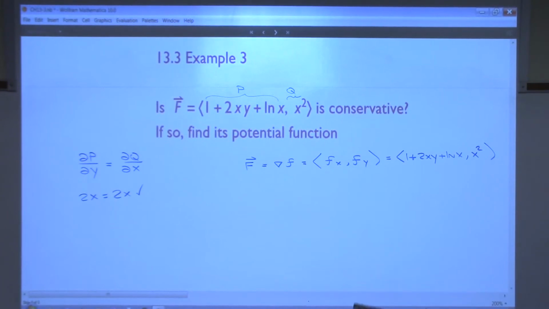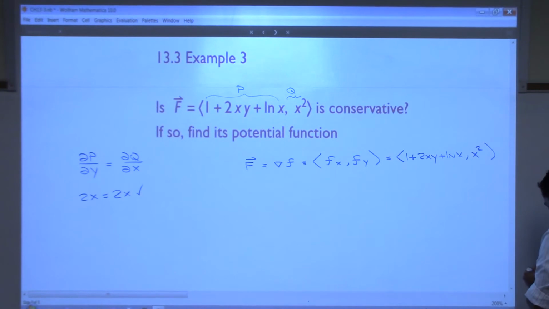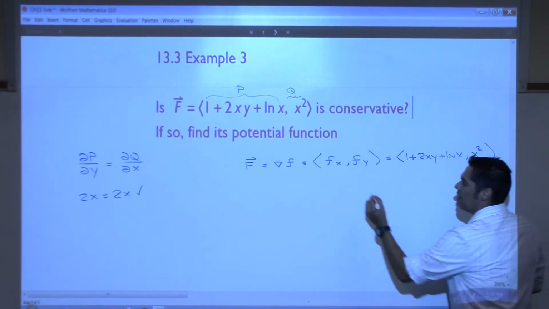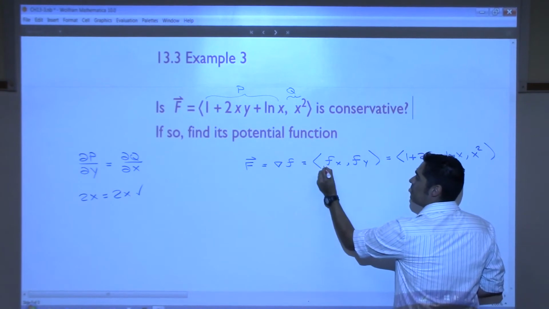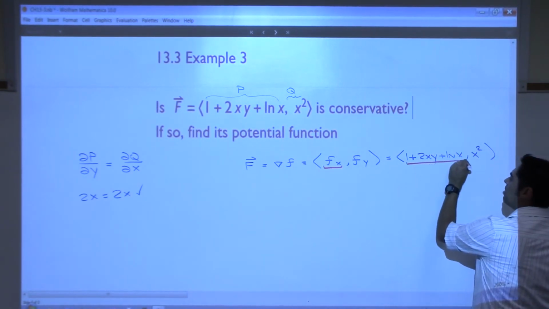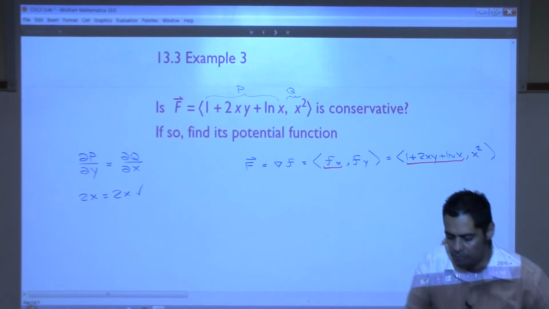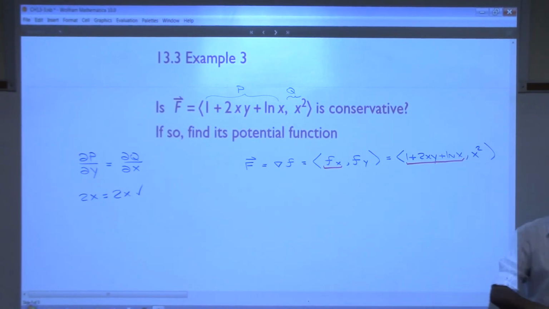I'm going to start by writing down the first solid piece of information that I have. And that is I know that whatever f is, its partial with respect to x is that. So I'm going to write that down. Everyone understand what we're looking for is little f?